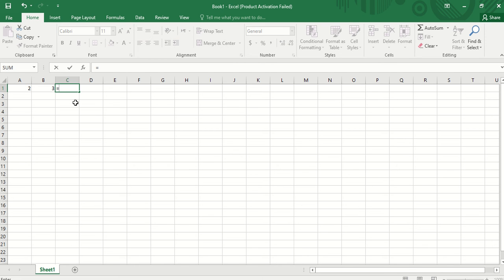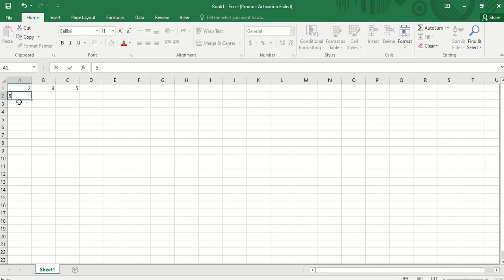Now when we are putting the formula, we will not see the numbers, we will see the cell numbers. Suppose I want to add A1 and B1. I can write A1, so it will highlight it, or you can click on it. Then there is the plus sign, so we will use this plus sign, then click here. Now A1 plus B1, I press enter and you can see the answer.